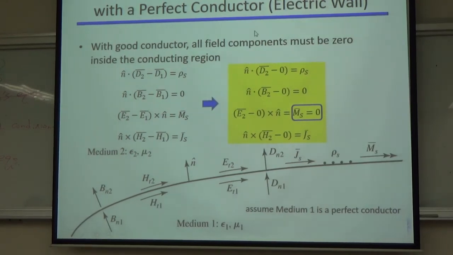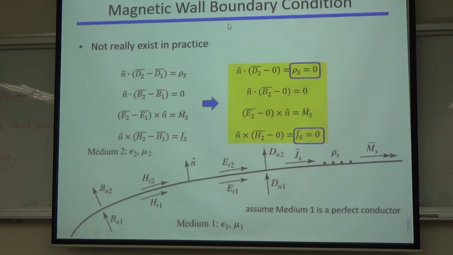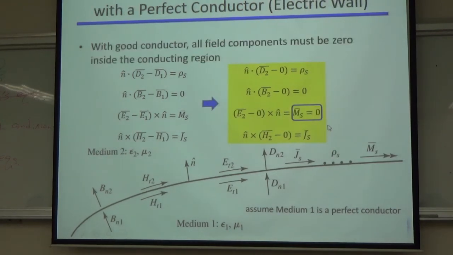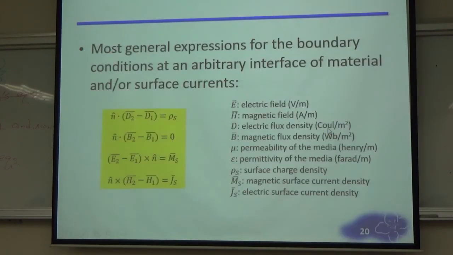If there is a magnetic wall boundary condition, which means you have only magnetic source, but there is no current source, so the first and the fourth equations are both 0. The third equation is not 0. Okay, so this is a conclusion of our result for the boundary condition.